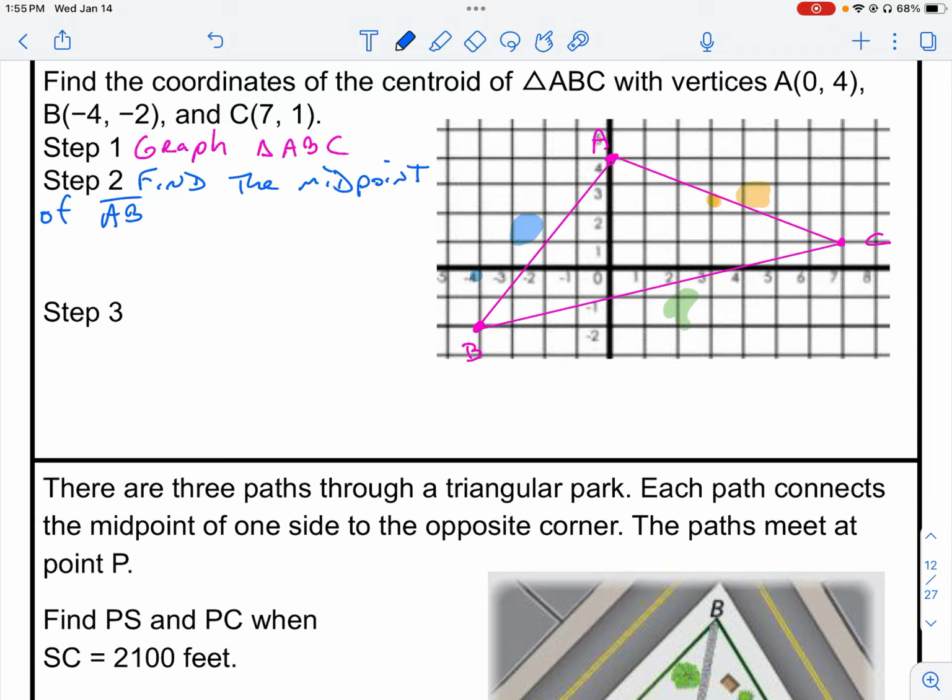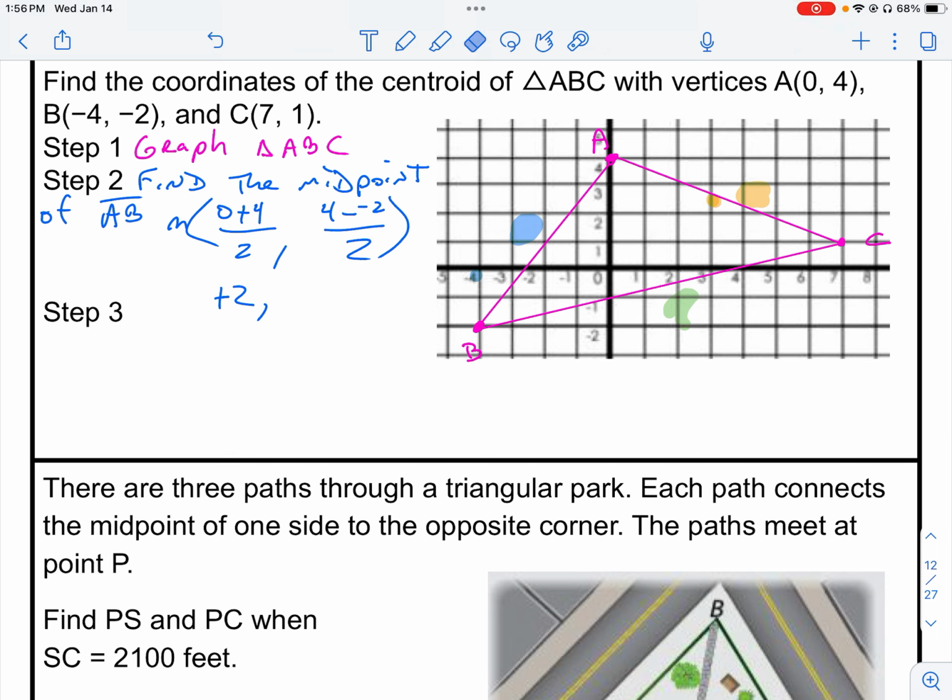All right, so we get midpoint M is 0 plus -4 over 2 and 4 plus -2 over 2. So we get -4 divided by 2, which is -2. And we get 6 divided by 2. Sorry, we add that.